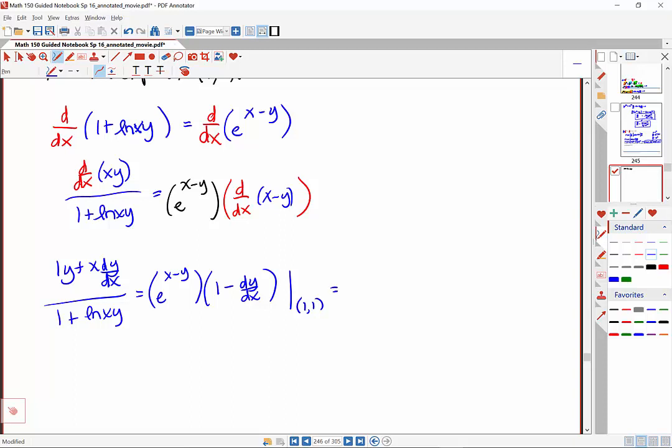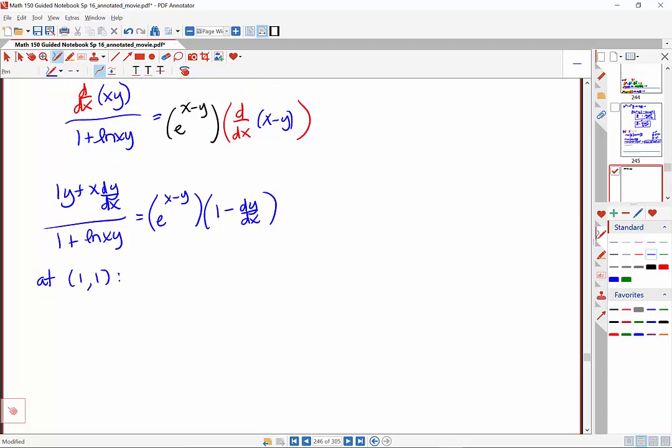So this will be e to the 1 minus 1. Actually, you know what? I'm sorry, I'm being sloppy. Let's just do it like this. So we'll say at the ordered pair 1, 1, what will we have?